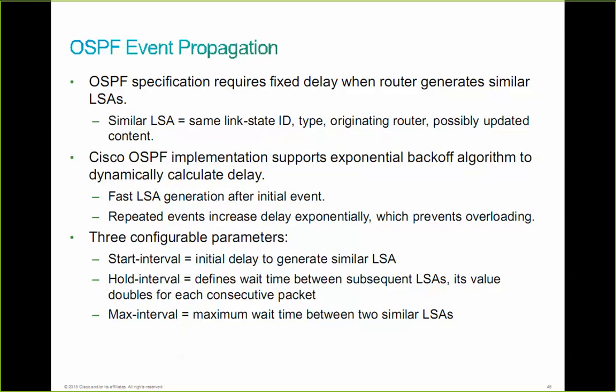When you adjust the link state advertisement throttle timers, you may also have to adjust the arrival timers. Because anytime LSAs get received at a higher rate than the value of the arrival timer, those LSAs actually get discarded.